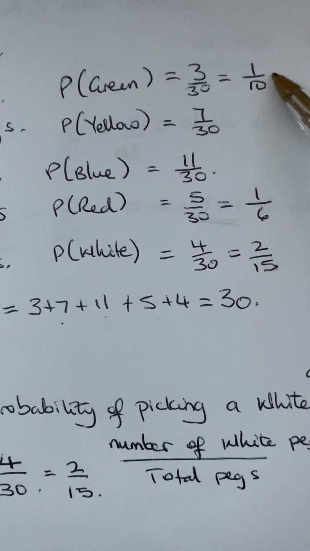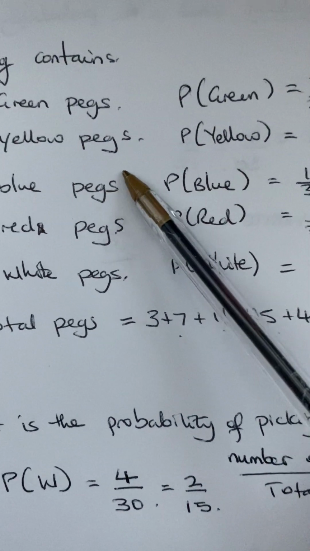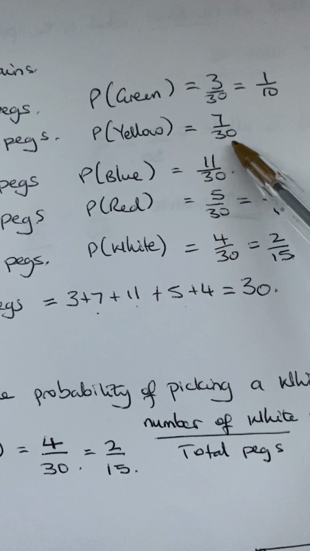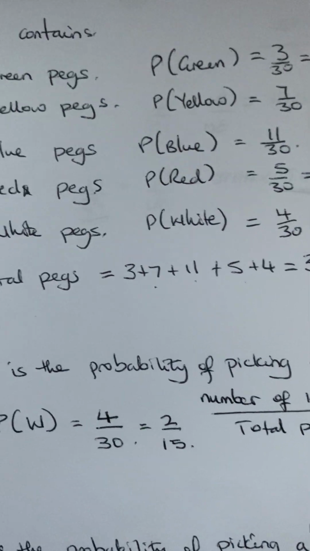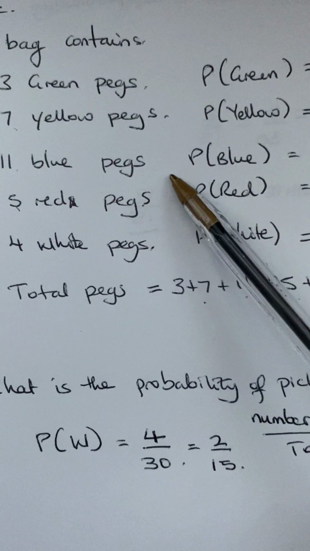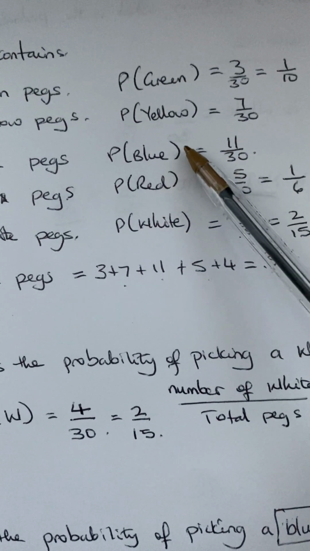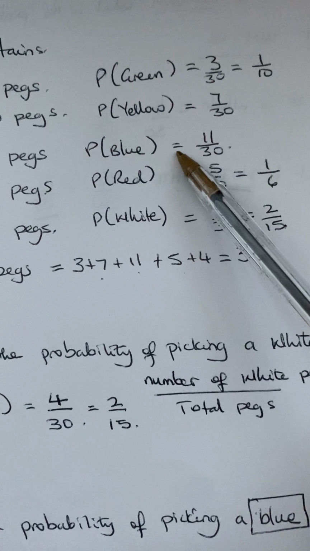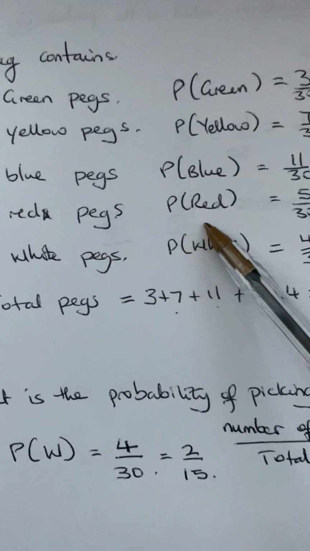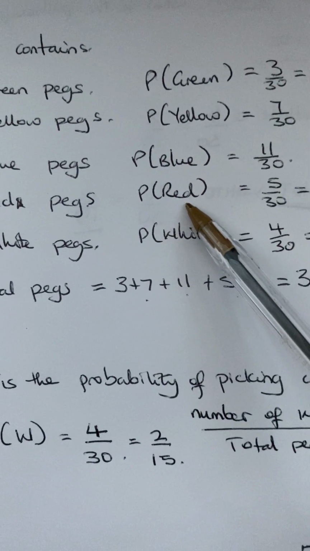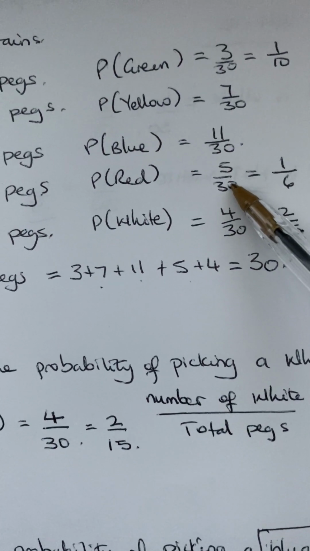That will be the probability. 7 yellow pegs means 7 out of 30 to pick a yellow. 11 blue pegs means 11 out of 30 if I have to pick a blue peg at random. 5 red pegs means the probability of picking a red at random will be 5 divided by 30.